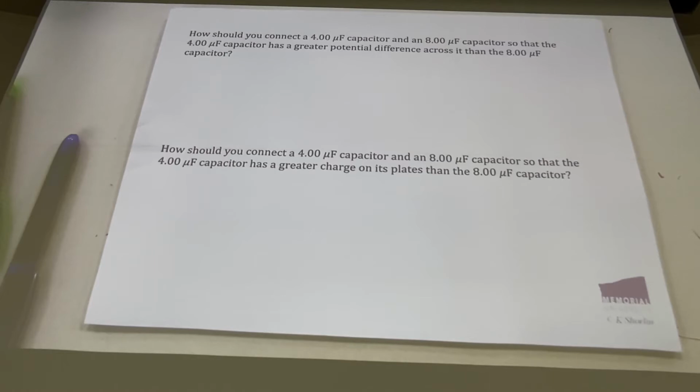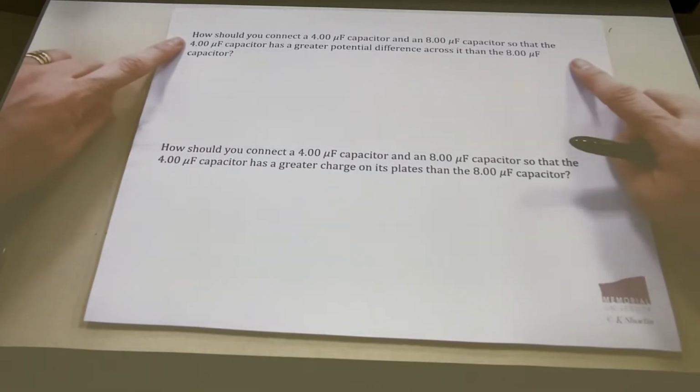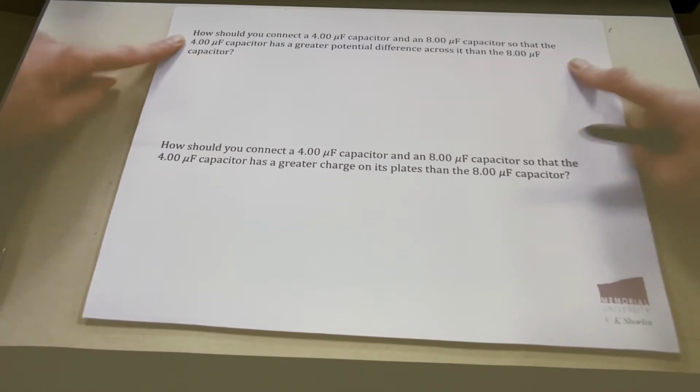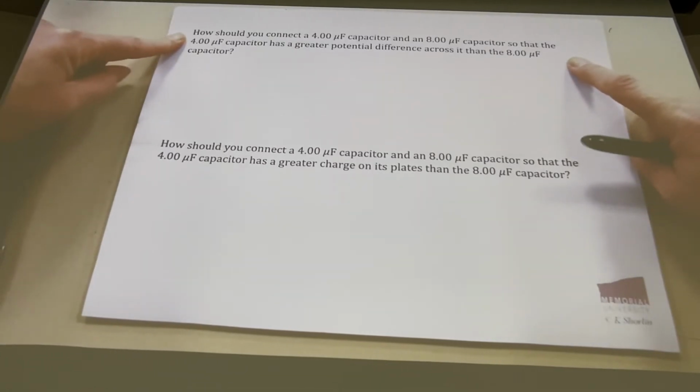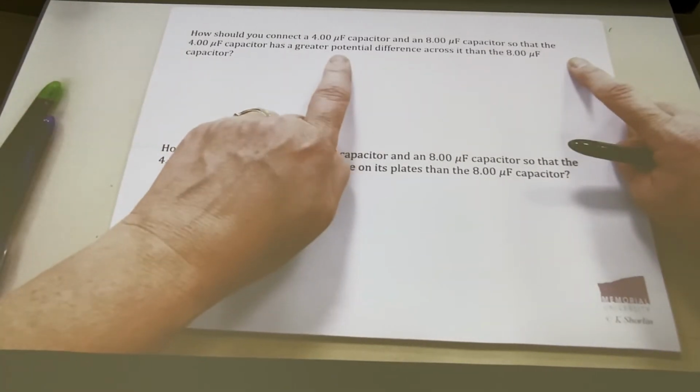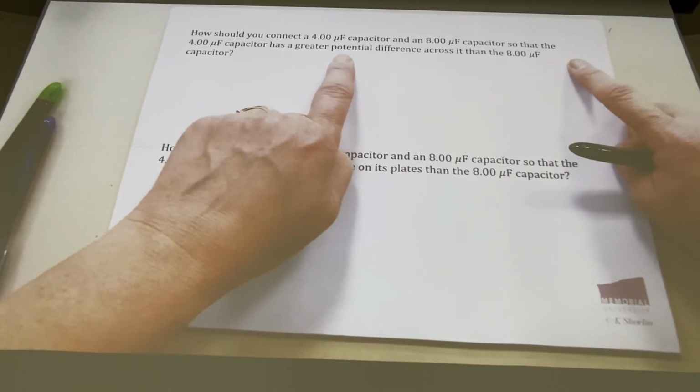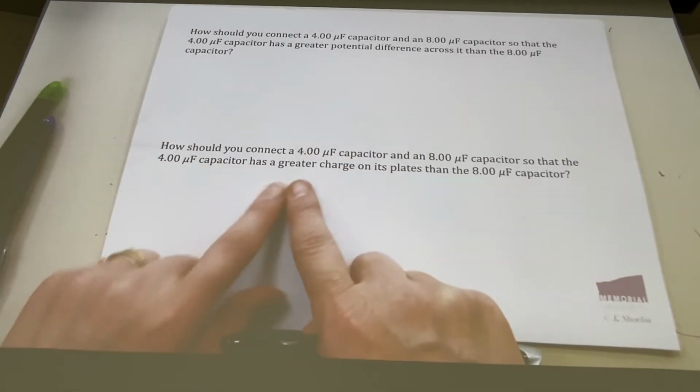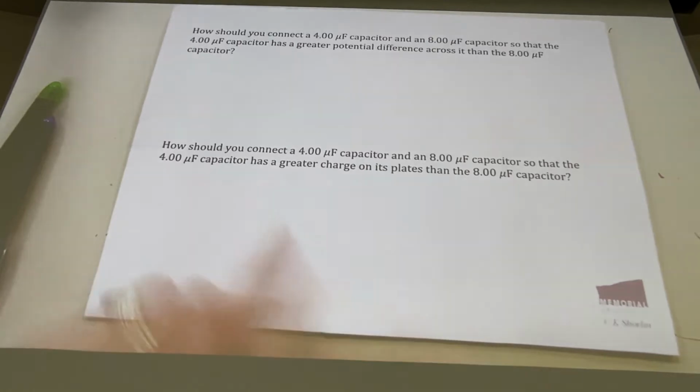I've got two capacitors, 4 microfarad and 8 microfarad. First question says, how can I hook them up? And how can I hook them up means series or parallel, to get the 4 microfarad a greater potential difference. And then how can I hook them up to give the 4 microfarad a greater charge?